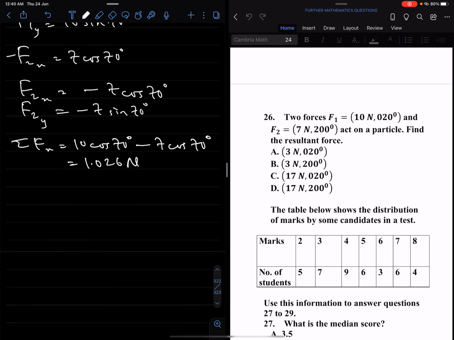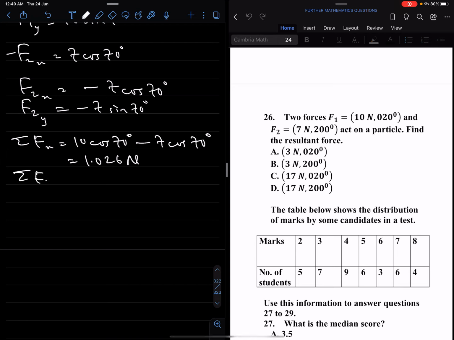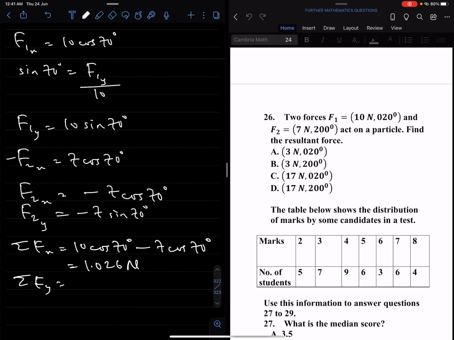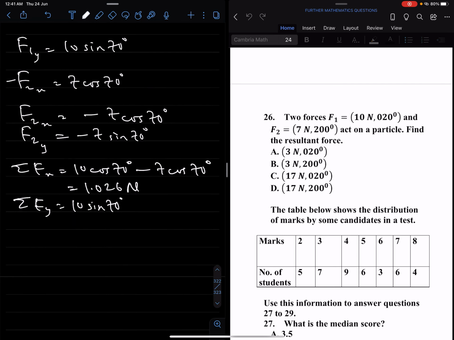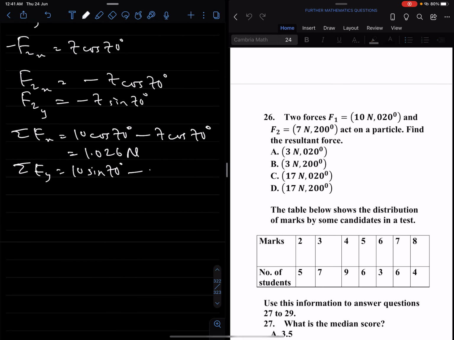1.026 newtons. Now the sum of vertical components of forces, which is F1y plus F2y, is going to be 10 sine 70 degrees plus minus 7 sine 70 degrees.